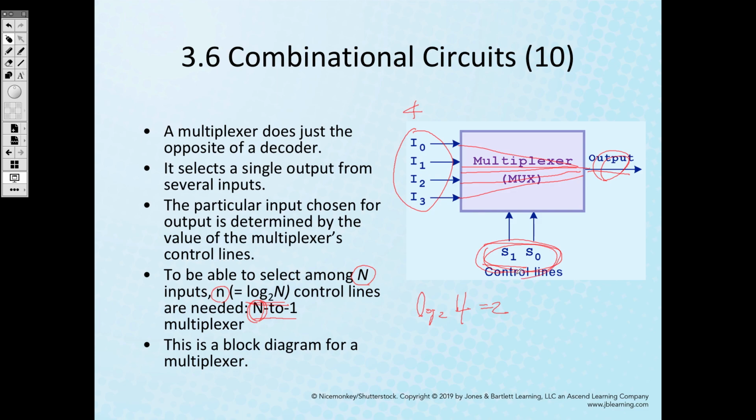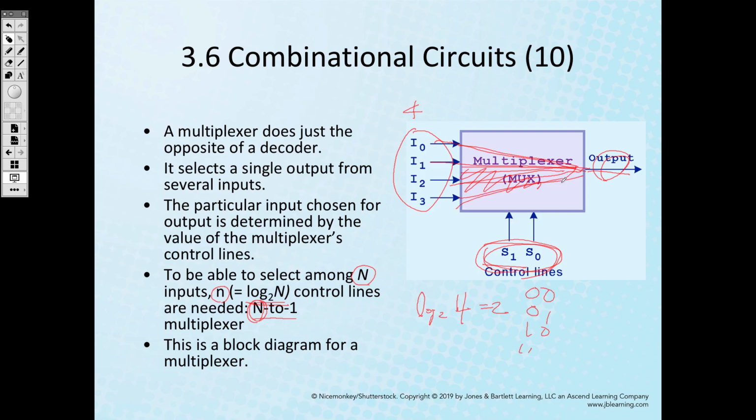So we have 2 control lines. Depending on the control line value, if control lines are 0, 0, then I0 is directly connected to the output and all the others are disconnected. If control lines are 0, 1, then I1 is connected. Similarly, 1, 0, I2 is connected, and 1, 1, I3 is connected.